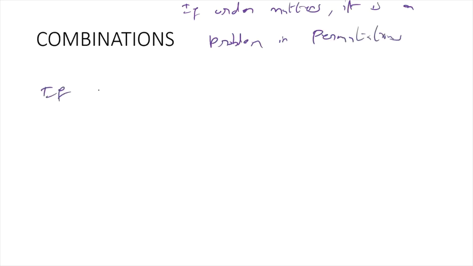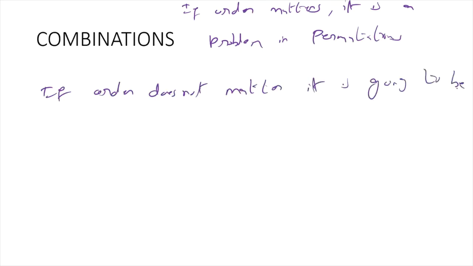If order does not matter, it is going to be a problem in combinations. We can explain this using an example. If order matters, we write those things in these brackets. If order does not matter, we write those things in these brackets. So these are set brackets, these are ordinary parentheses.